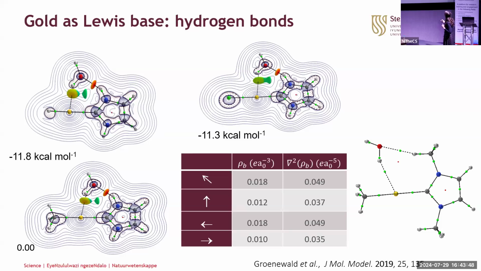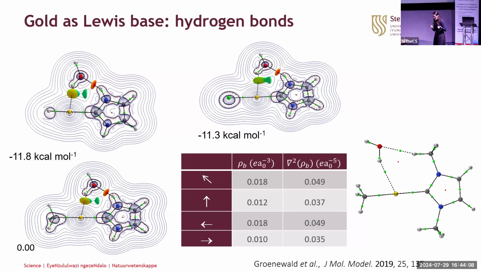That CH3 group unfortunately still forms a much weaker hydrogen bond, but we still end up getting a hydrogen bond involving the gold. But certainly the second hydrogen bond here helps in stabilizing the overall system.